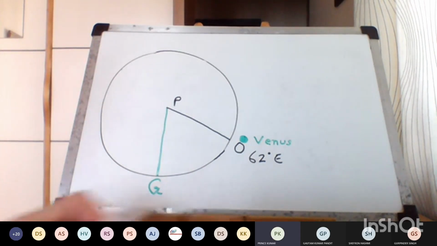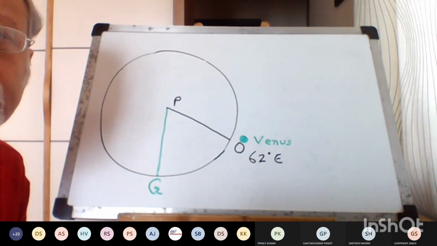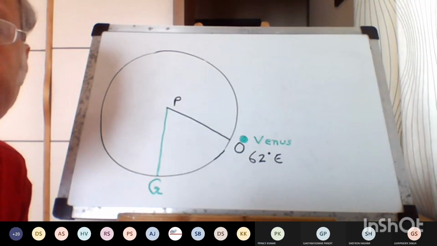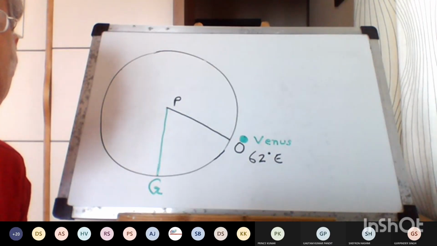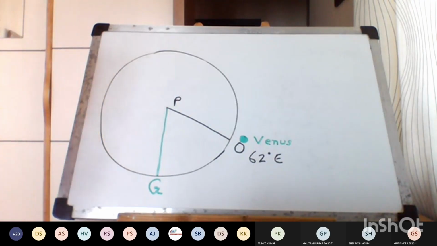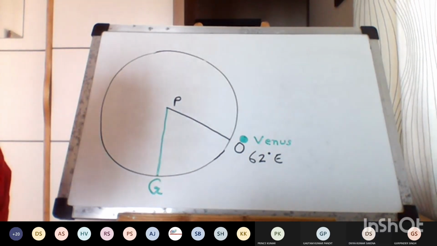Okay. Yes, sir. Second is, if the right ascension of Venus at that instant was 87, so from where do I have to measure 87? Venus is 87 degrees from which point? When we say right ascension of Venus, which point are we referring to?